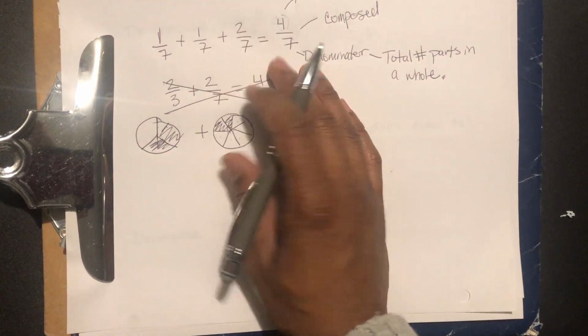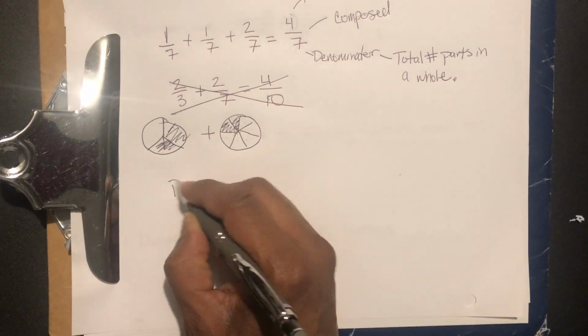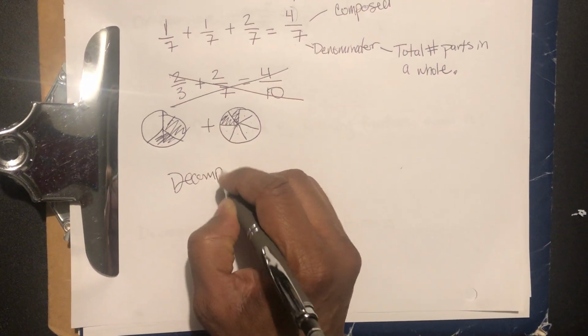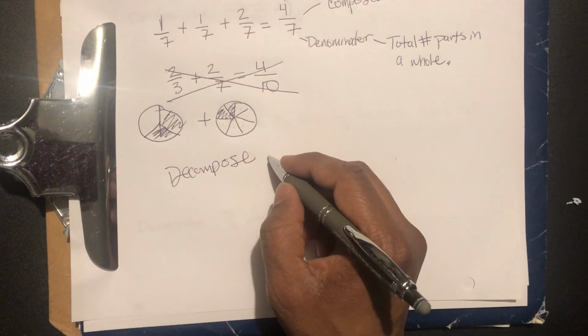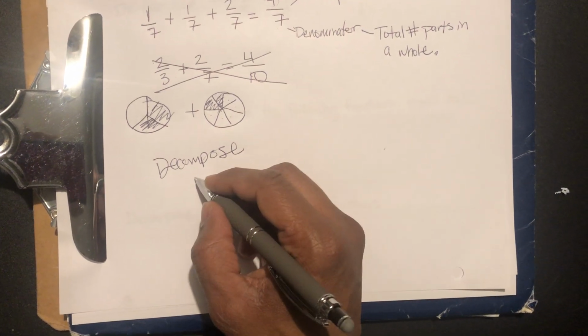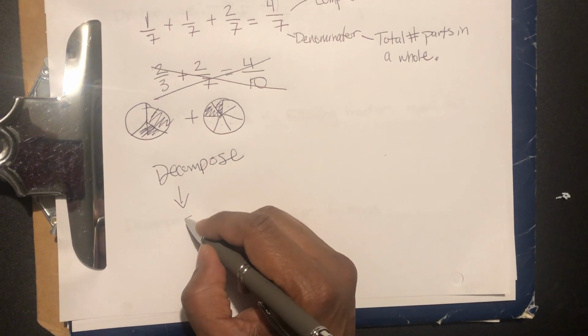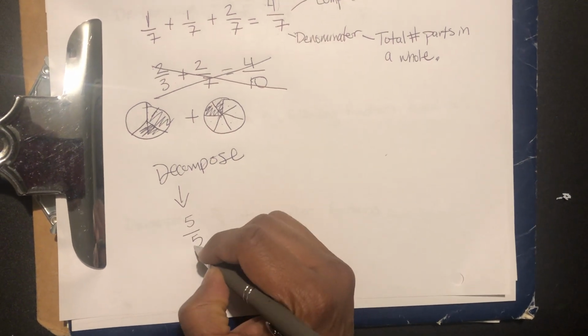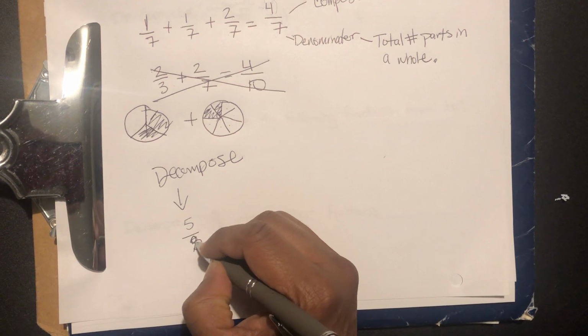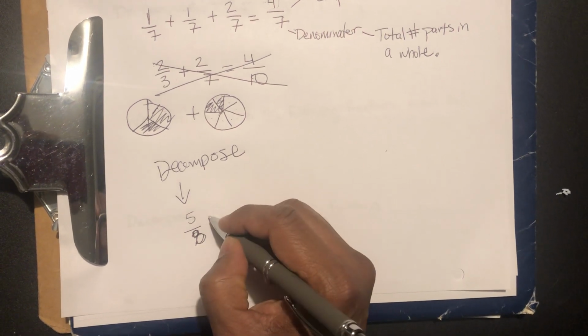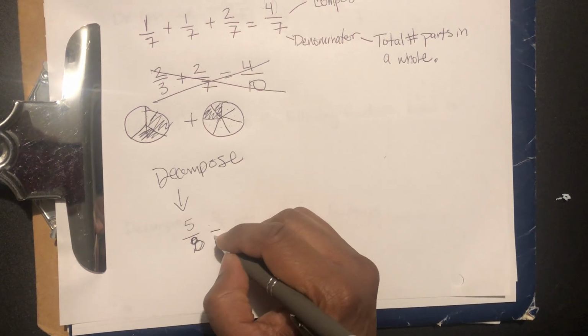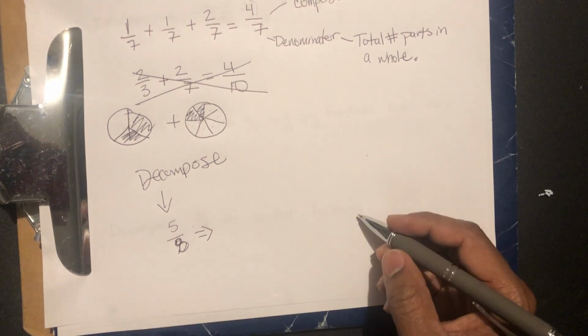So that's composing fractions. If I wanted to decompose a fraction, decomposing a fraction looks a little different, okay? In this case, they'll actually give you the fraction at the beginning. So let's say we have 5/8, and then they wanted us to break this down. Well, we've got a lot of different options, okay?